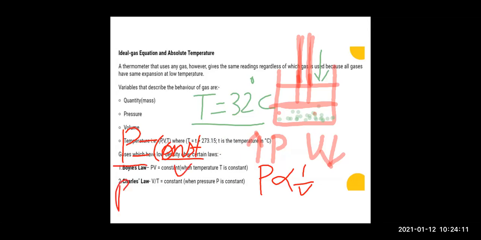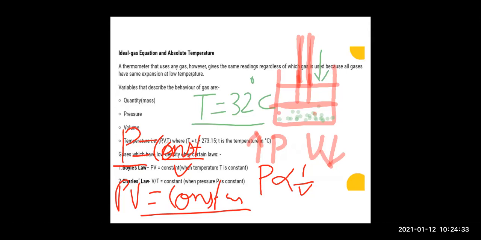So PV equals constant. Right? This equation is known as your Boyle's law. So according to Boyle's law, if the temperature of the gas is kept constant, then the product PV equals constant. This is your Boyle's law.